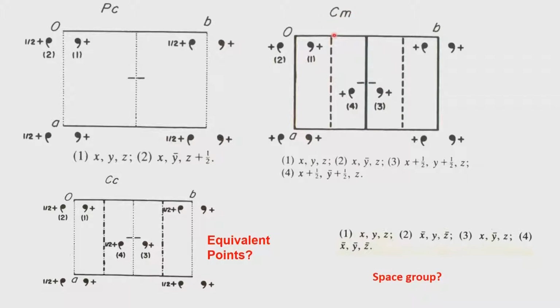We find an appearance of an additional symmetry element, which is not a part and parcel of this CM, but indeed in some sense it is a part and parcel of this, because the C centering takes x, y, z onto half plus x, half plus y, z equivalence. And as a consequence of that, we develop the A glide, which is at 1/4 the position.